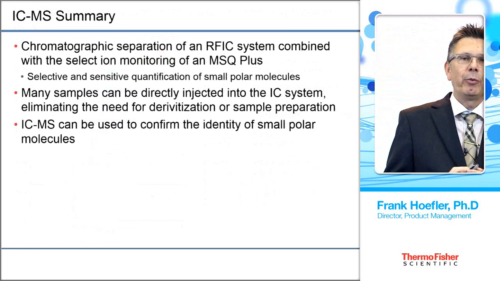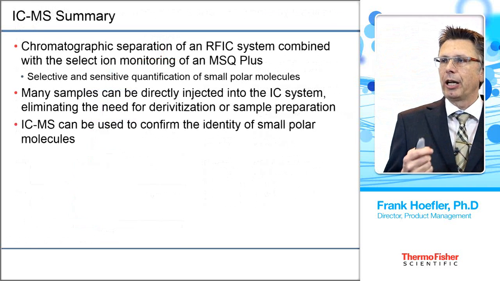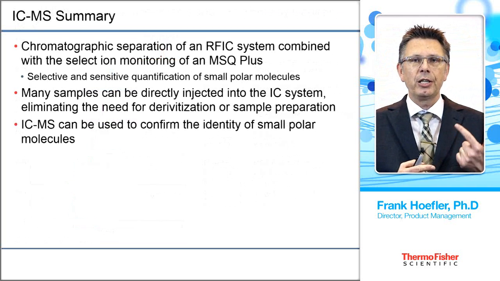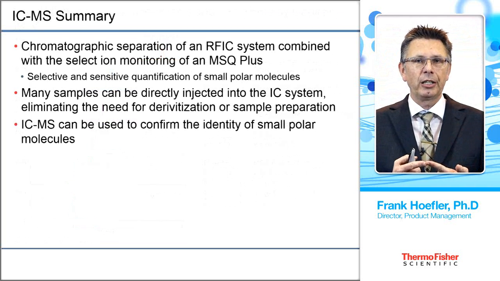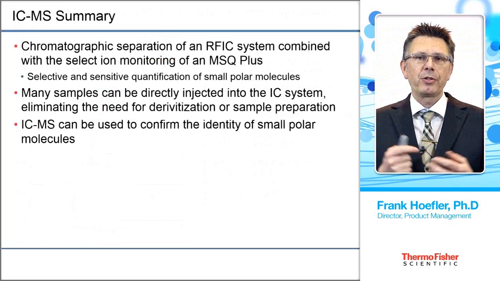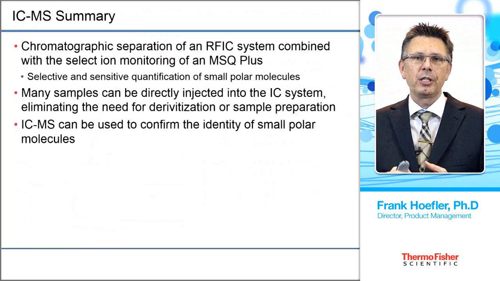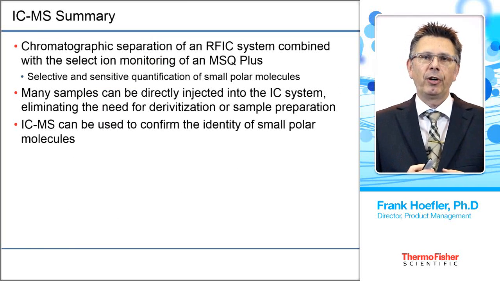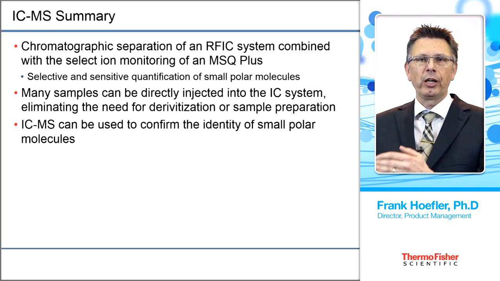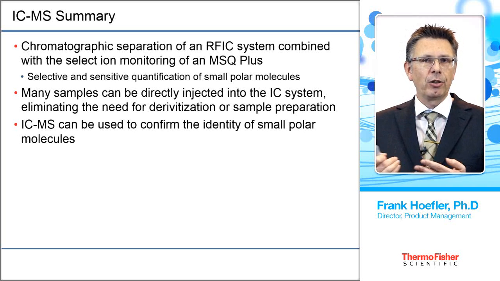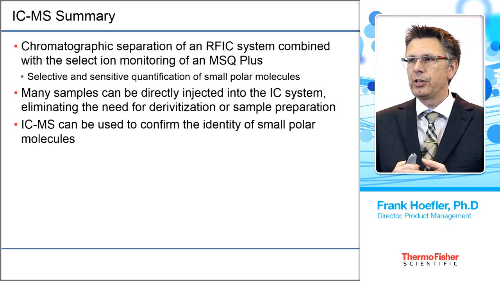So in summary, I would like to conclude that the chromatographic separation using an RFIC system with anion generation and a continuously regenerated trap column, as well as an electrolytic suppressor, makes ion chromatography with MS detection easy and viable. We are generating very high purity eluents, which result in very low background ion contamination of the MS. We have a very good sensitivity.